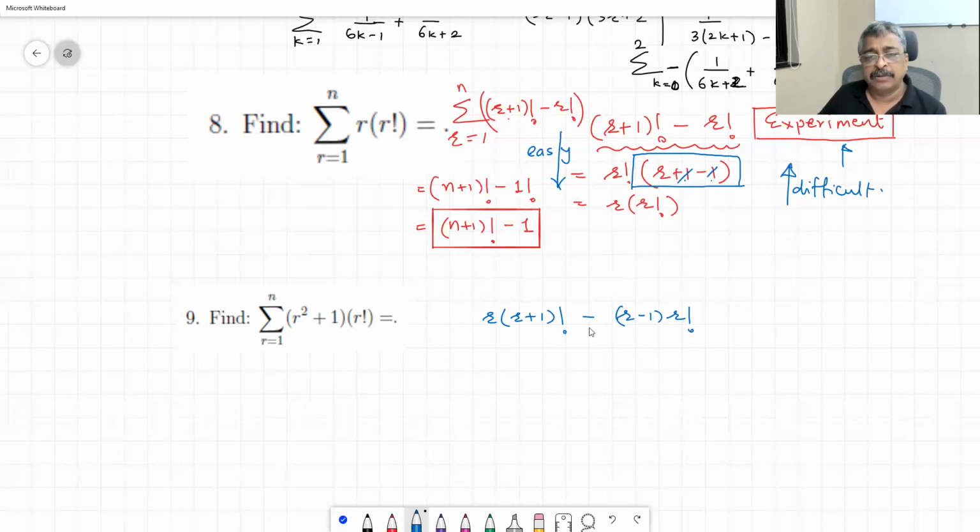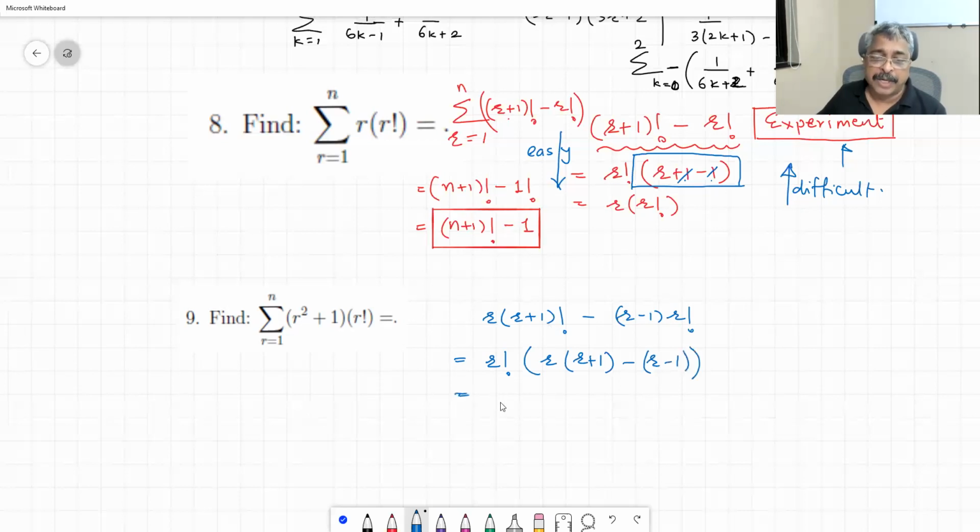Is there a minus sign in between? Yes. So this is a telescopic set. Let us simplify this. Take out r factorial common inside the bracket: r into (r plus 1) minus (r minus 1).